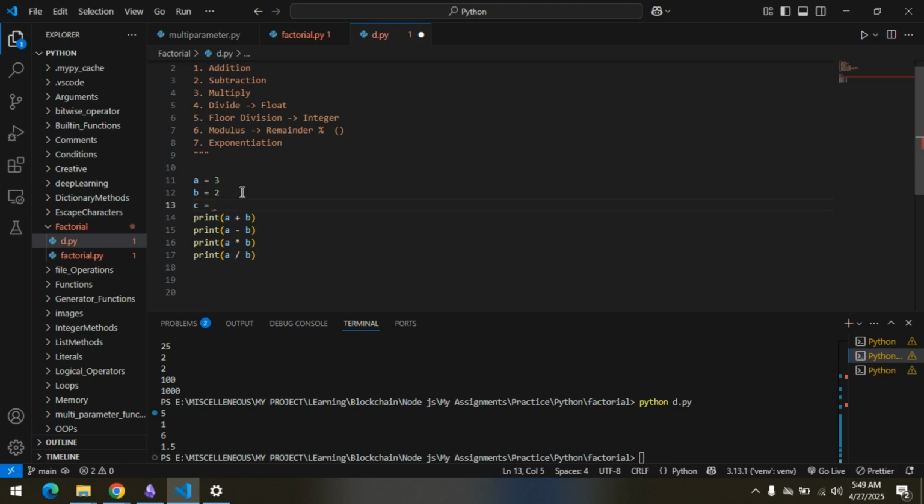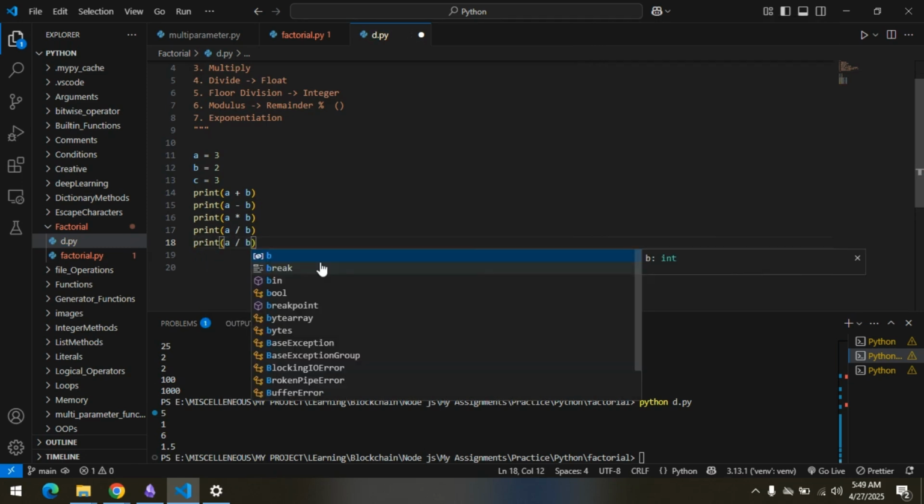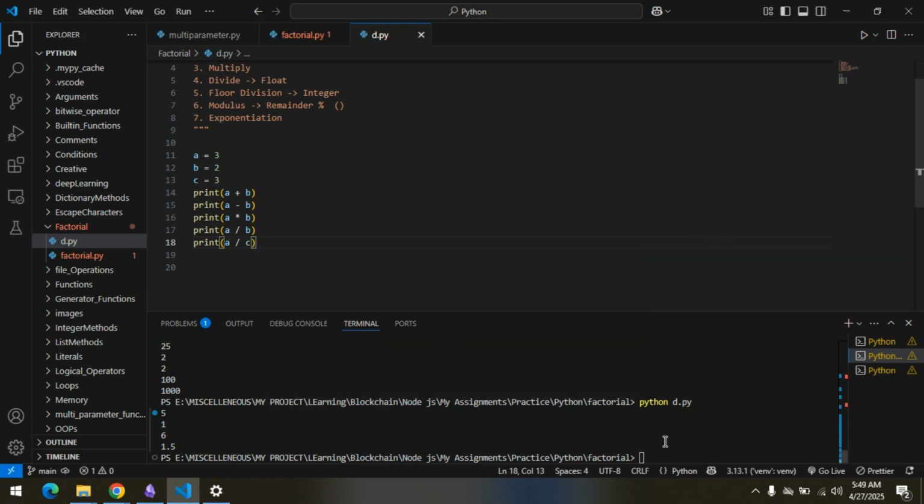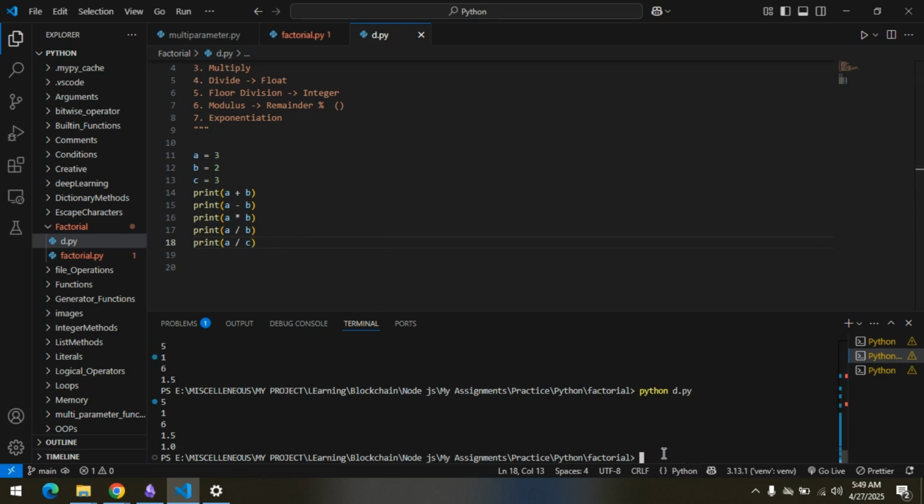So 3 divided by 2 is 1.5, but even if you have a number that doesn't have a remainder or a decimal value, so let's say 3 divided by 3 should give you a 1, right? But actually, A divided by C, the data type for just the divide sign is always gonna be a float. Even though the answer was 1, it still gives you a 1.0.